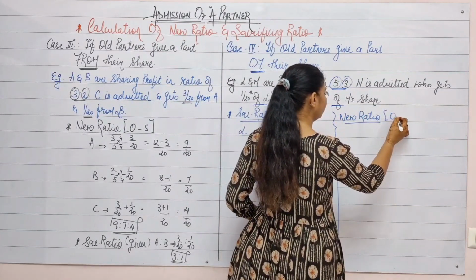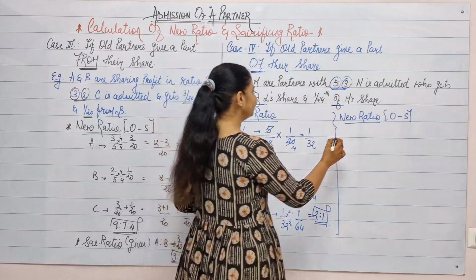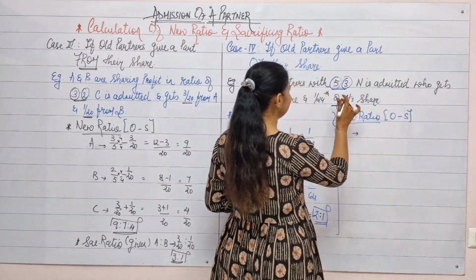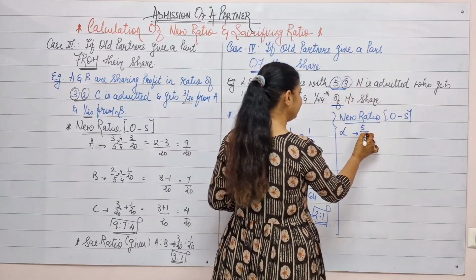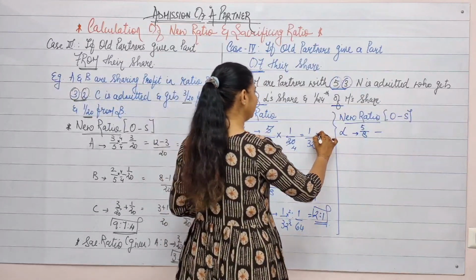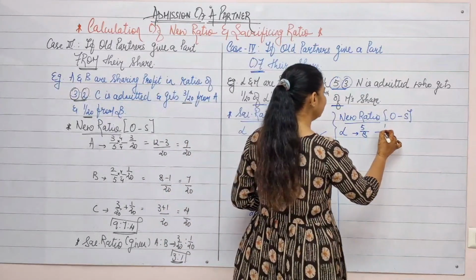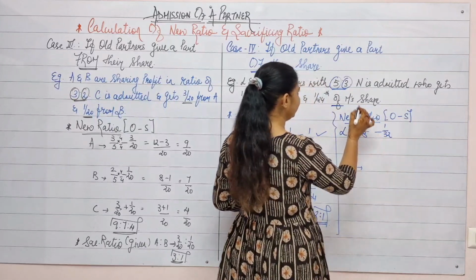New ratio is equal to old share minus sacrificing share. Now L का old share क्या था? It was 5/(5+3), 5/8, minus उसके sacrifice का क्या share था? It was 1/32. M का old share क्या था?